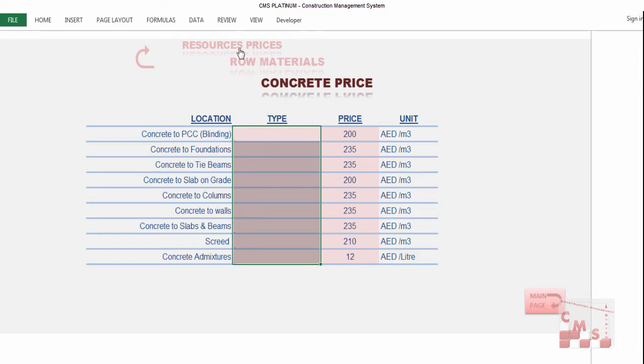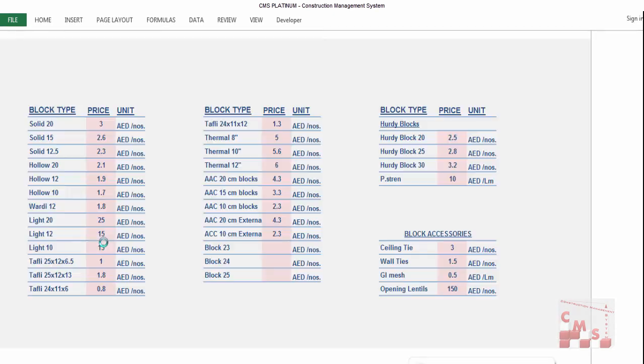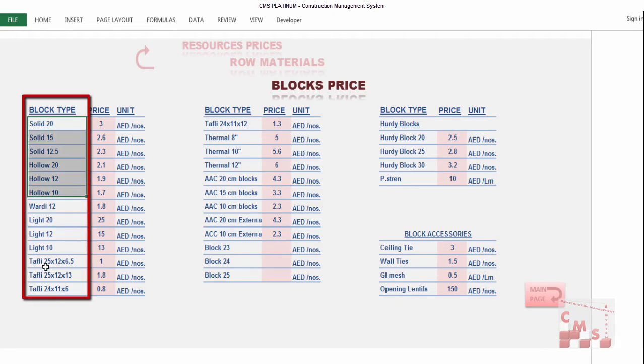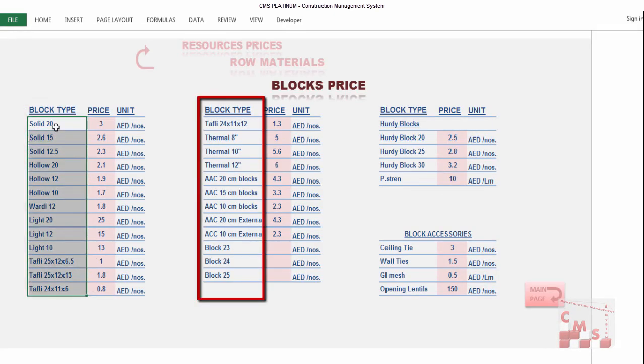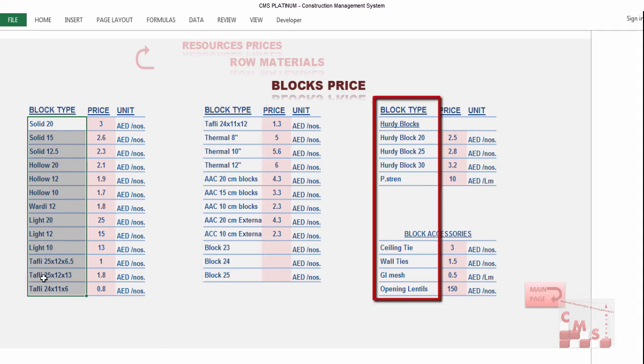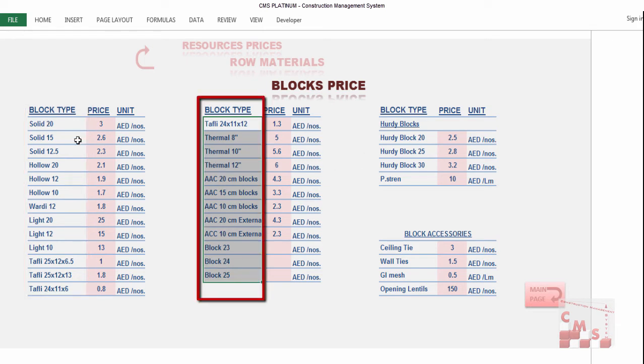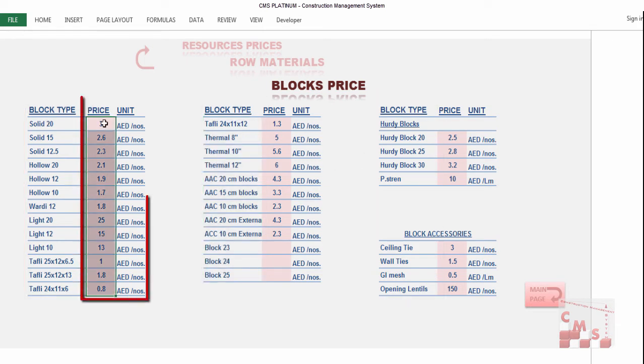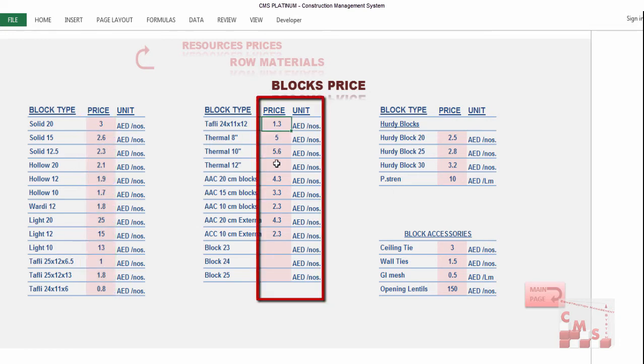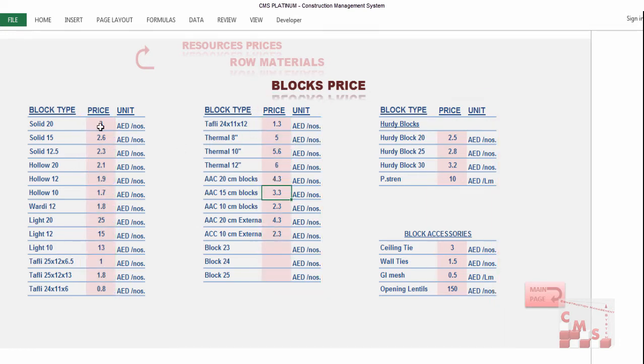Back to resources price. We'll go for the bricks. You remember the same types you already inserted before for the block work or block types. You will find all the block types here according to your inserted ones. What you will do is insert now the price for the blocks per number. What's the price of one piece of block?